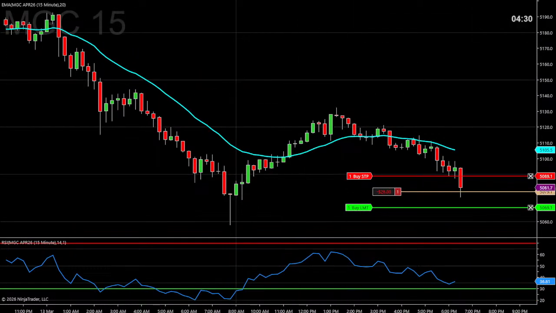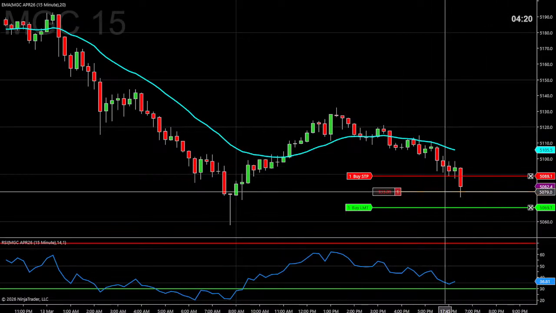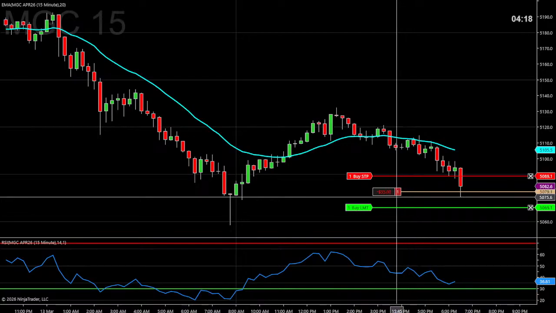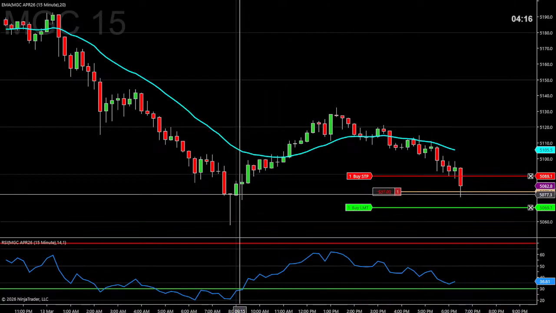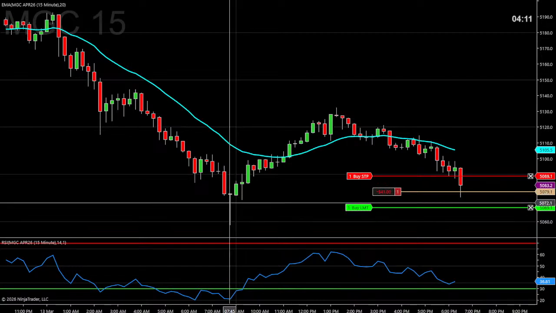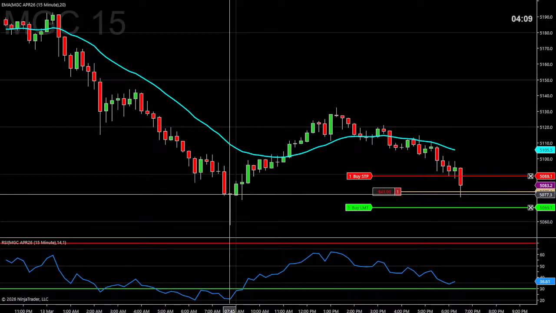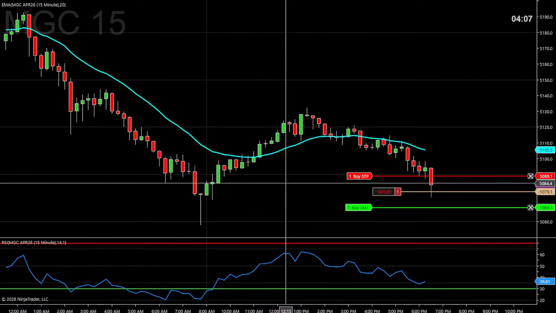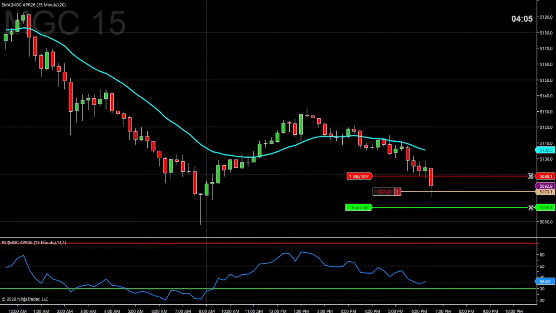Hold. Wick has gone down to this wick, which is also the level of that. It's on that reversal candle. I think this is the turning point. I am considering getting out.